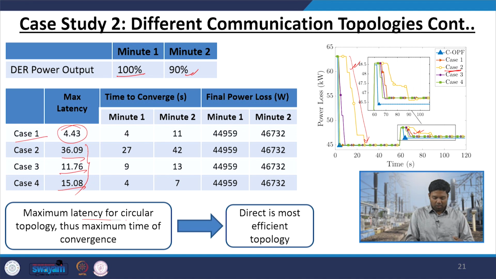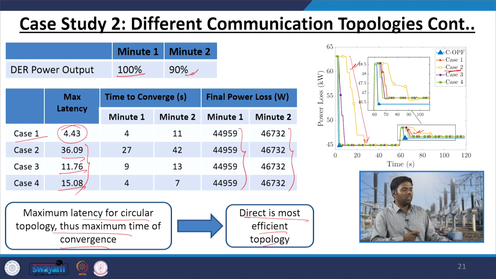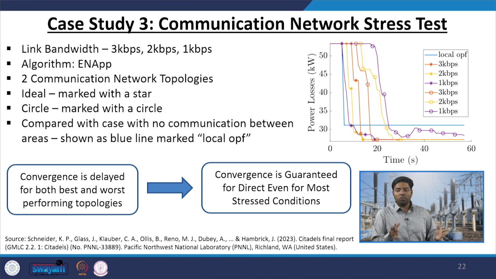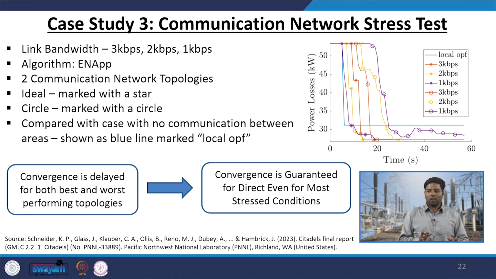So, maximum latency for circular topology means maximum time for convergence. Direct is the most efficient topology. The losses are the same, it is only the latency value which is changing with the communication architecture, and that has to be true. Your solution should not deviate, only you will get the data later.